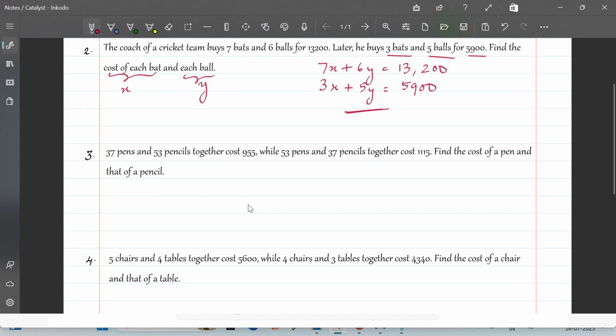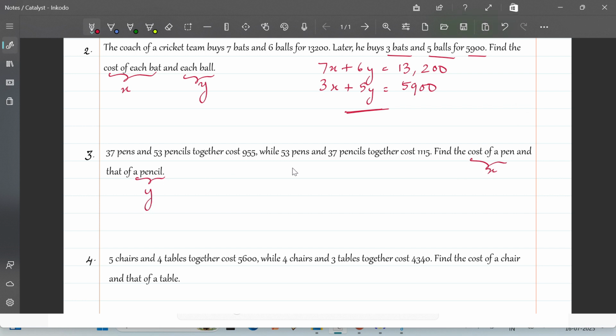Next question. 37 pens and 53 pencils together cost 955 rupees, while 53 pens and 37 pencils together cost rupees 1,115. Find the cost of one pen and that of a pencil. A pen means one pen. A pencil, one pencil. So cost of one pen we will take as x, cost of one pencil will take as y.